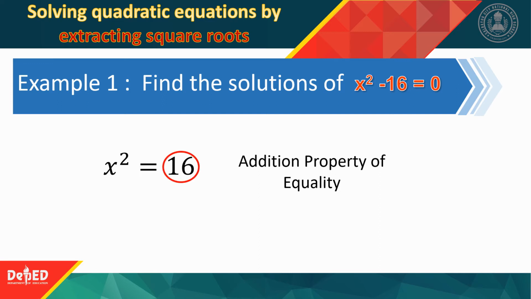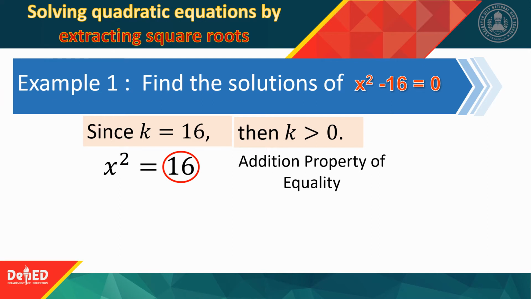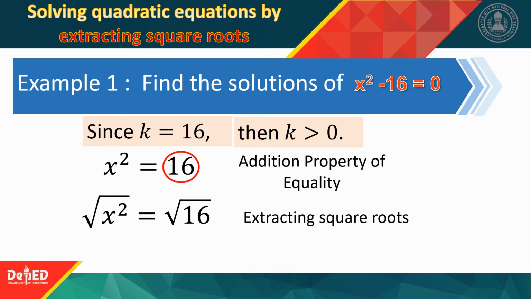Since 16 is the value of k and 16 is greater than 0, then we have two solutions. Square root of x squared is equal to the square root of 16, applying extracting square roots. So now we have x is equal to positive and negative 4, the solutions or the roots of your equation.